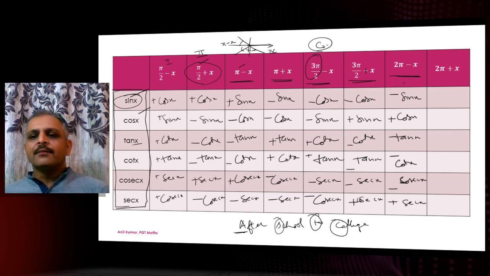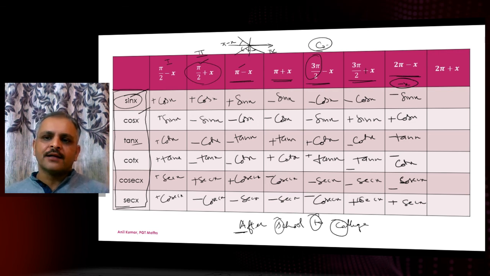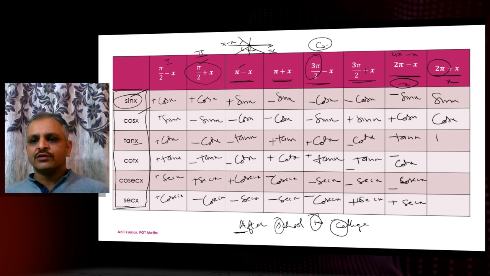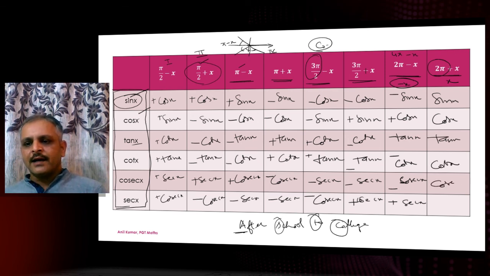So you can say that minus x also has the same t ratios. 2 pi minus x, 4 pi minus x, all will have the same t ratios. Whereas 2 pi plus x is equal to x, because you can leave this 2 pi. So sin x will be sin x, cos will be cos, tan will be tan, cot, cosecant and secant.